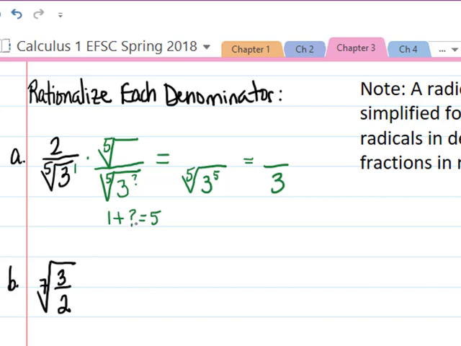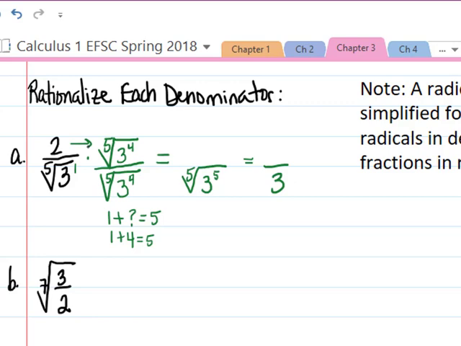That power must be a 4, because 1 plus 4 is equal to 5. So let's multiply by the 5th root of 3 to the 4th over the 5th root of 3 to the 4th. Again, we're just multiplying by 1 that way, so we're not changing the value of the expression, but we're going to get a format that we like.